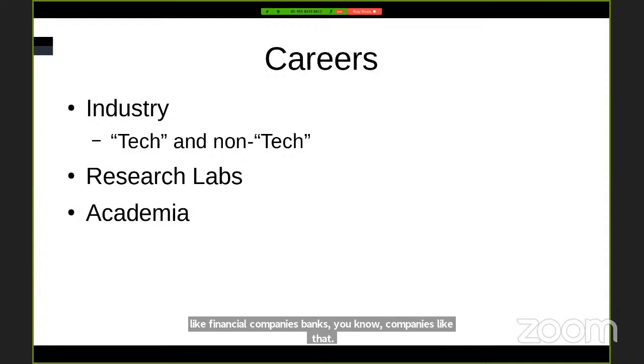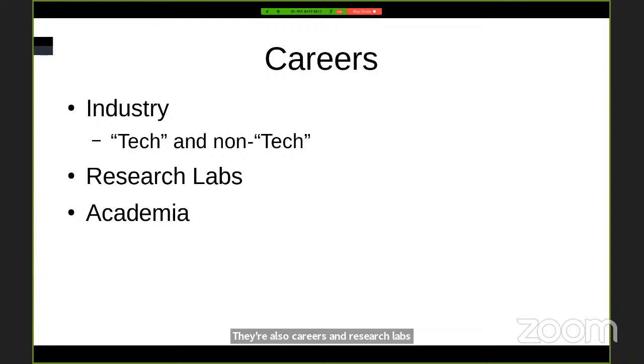There are also careers in research labs, both as engineers and researchers. And finally, if you go into graduate school, there are also opportunities in academia.